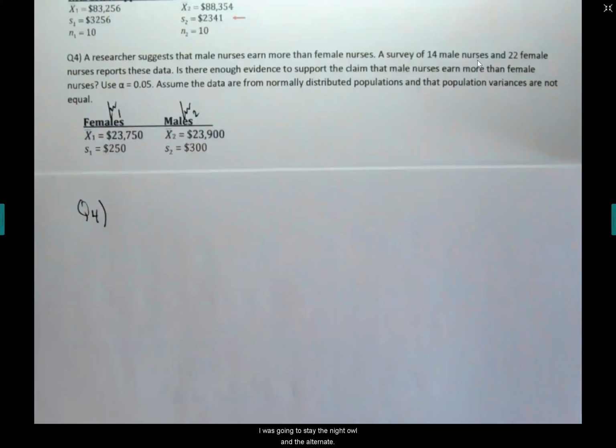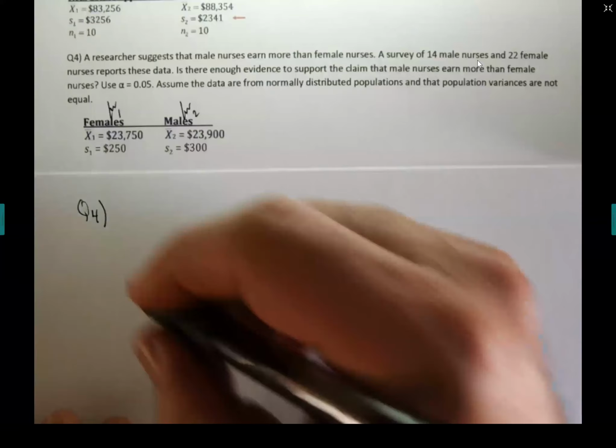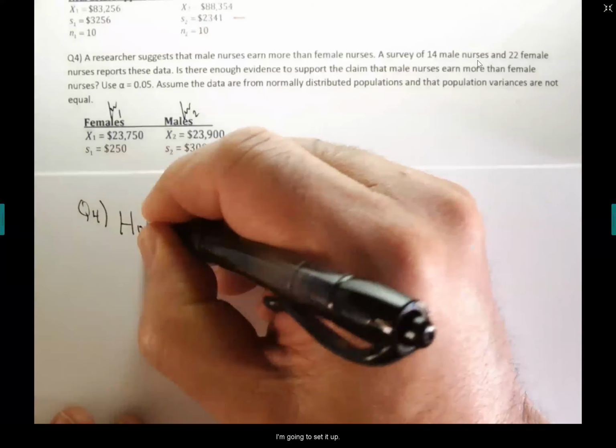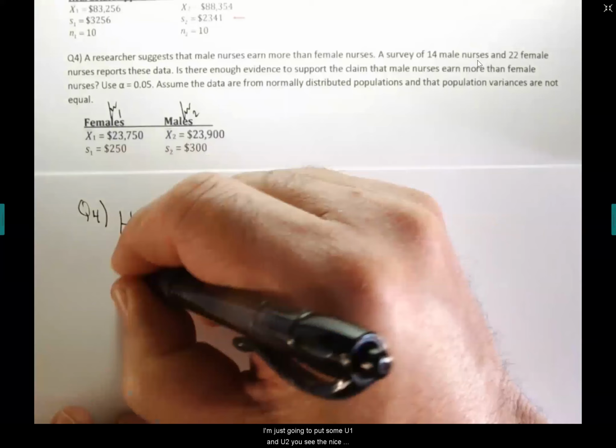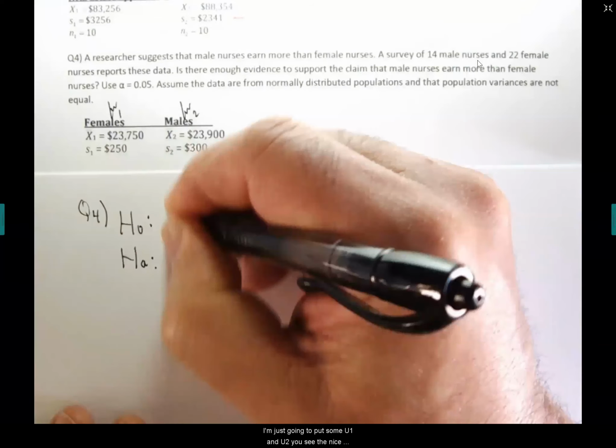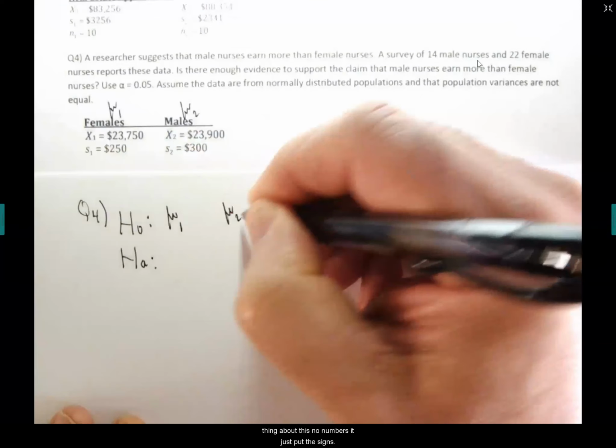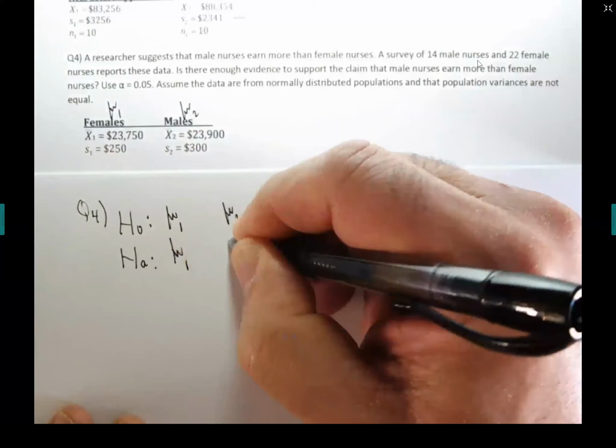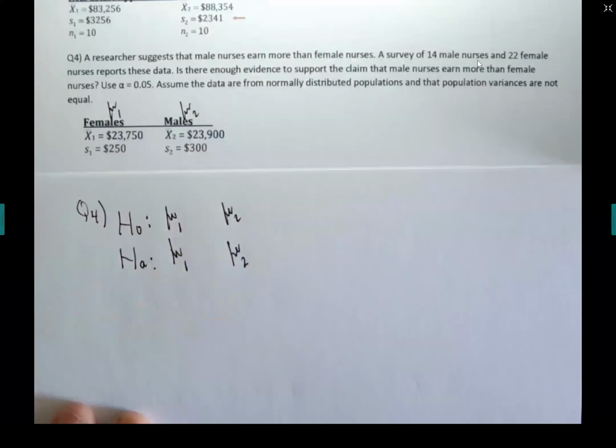How we're going to state the null and the alternative hypothesis here. I'm going to set it up. I'm just going to put mu1 and mu2. You see the nice thing about this, no numbers, you just put the signs. Okay, who can tell us what are the signs here?